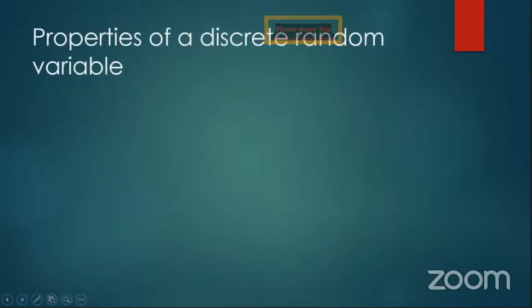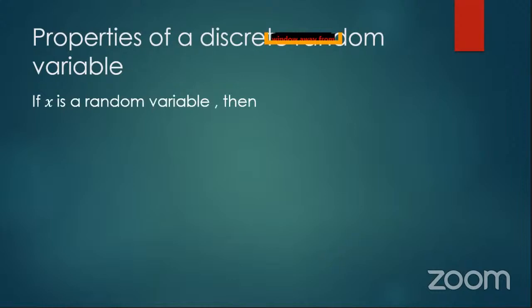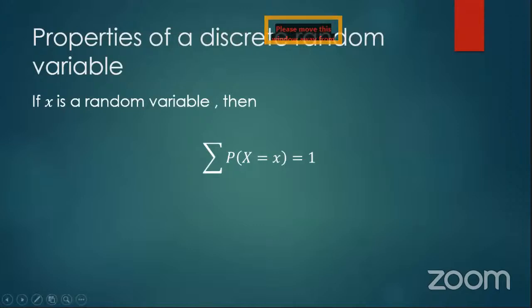So we are beginning with properties of a discrete random variable. Remember, I've told you with discrete, we are dealing with a countable domain, so the numbers given to us are countable and we can distinguish them. If x is a random variable, then the summation of the probability of x equaling small x is equal to 1, because our probability values lie between 0 and 1.